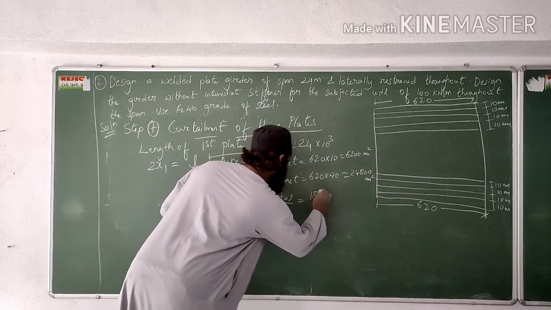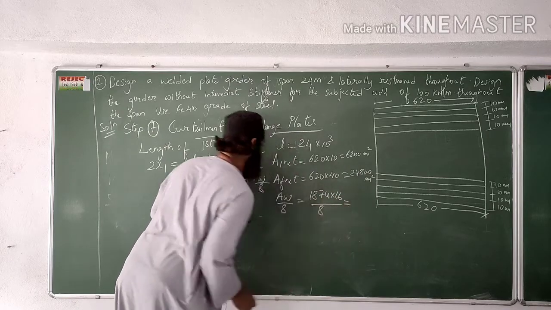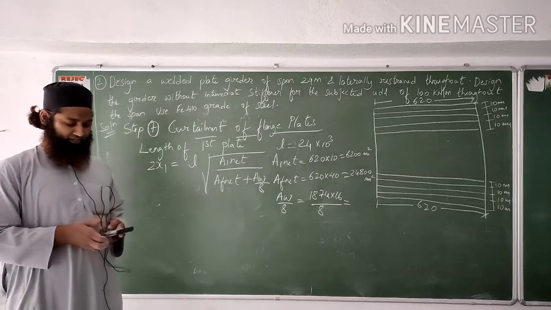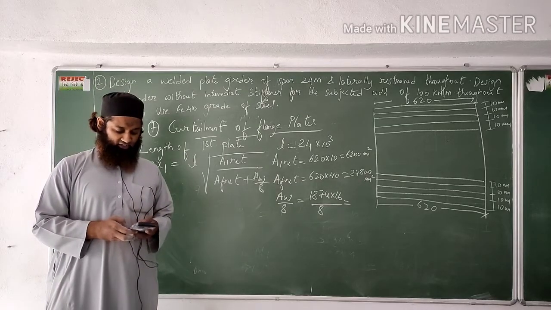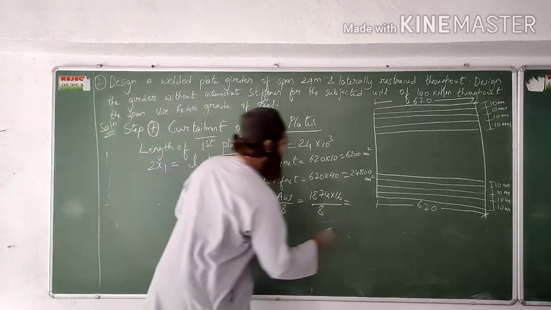Area of web is 1874 into 16 divided by 8, that is around 3748.